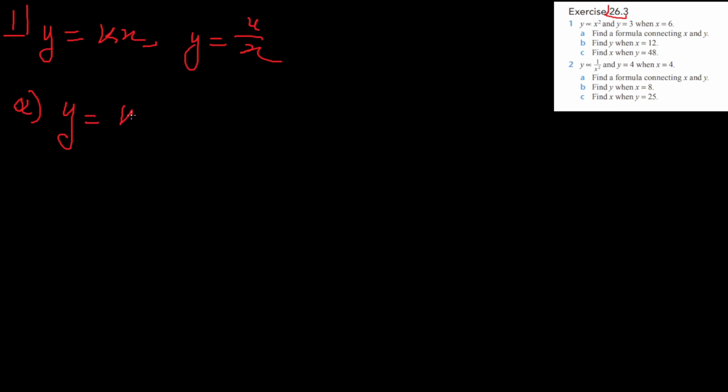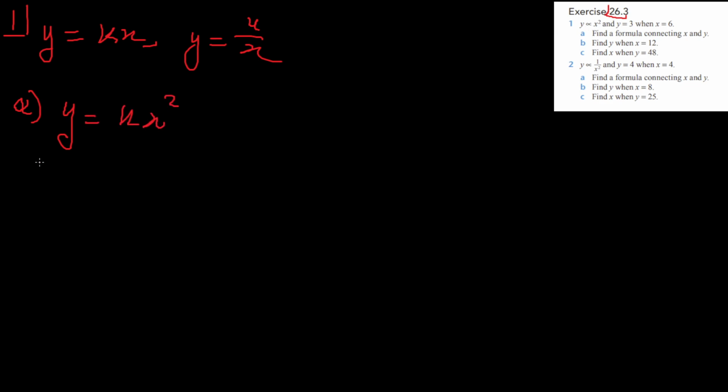So let's try number one. It's the same as always, which is y equals kx and y equals k by x. Let's do number A, which is to find the formula. We know it is y equals kx squared because there's a square here.